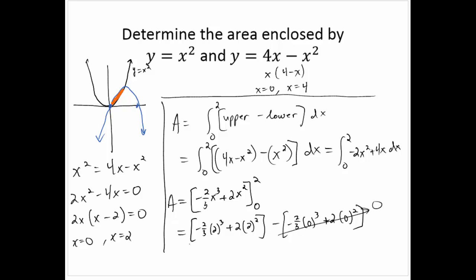So let's see, negative 2/3 times 8, that's negative 16/3, plus 2 times 2 squared is 8. Now 8 is the same as, what, 24 thirds? And so then the area is 8 thirds.